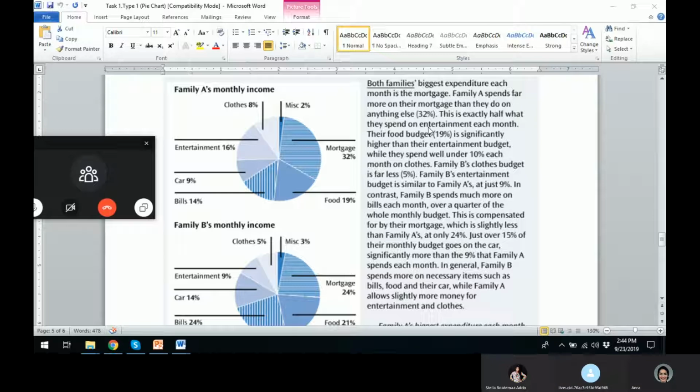Is 32% exactly half of 16%? No. It's double. Mortgage is double entertainment.